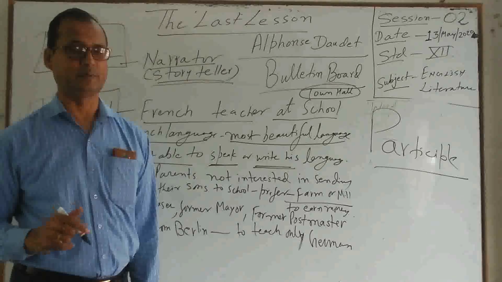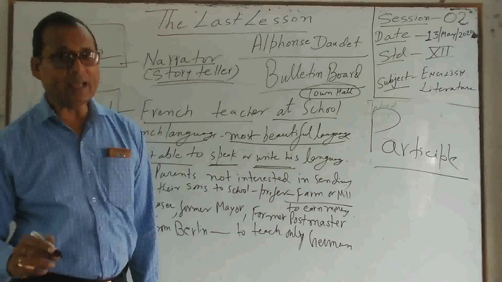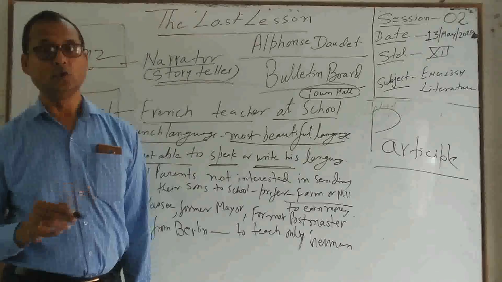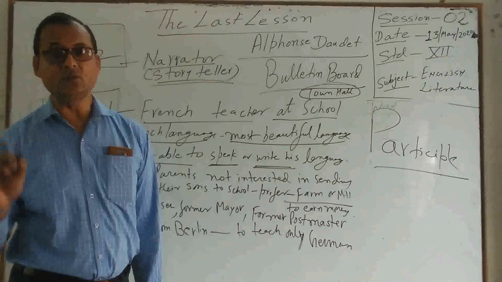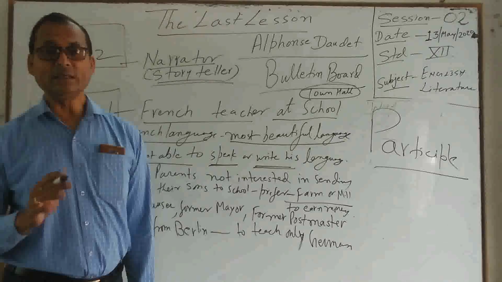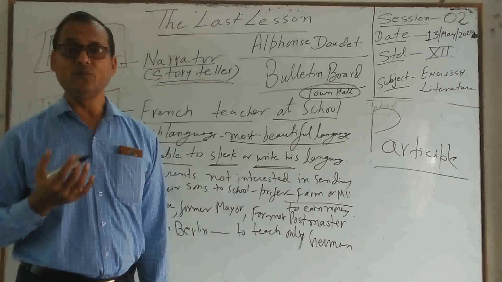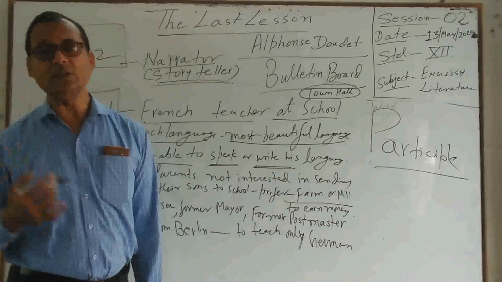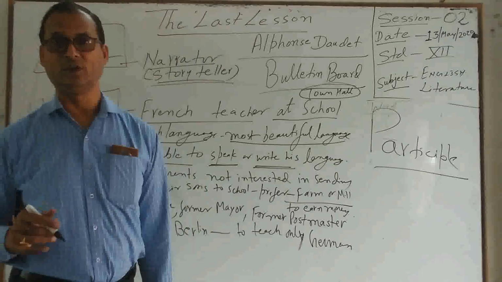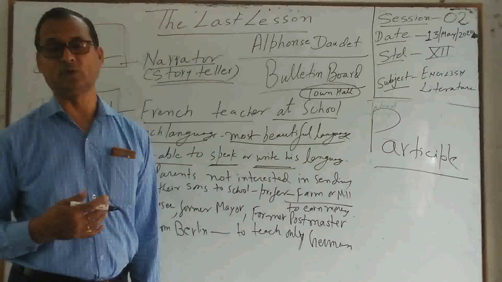Then he says about himself that he had sent his students, friends also, to water his garden for his flowers. It means he engaged his students in his personal work. Not only this, when he had the willingness of going fishing to the pond, he used to give holidays to the students. So M. Hamel said he himself is responsible for this.